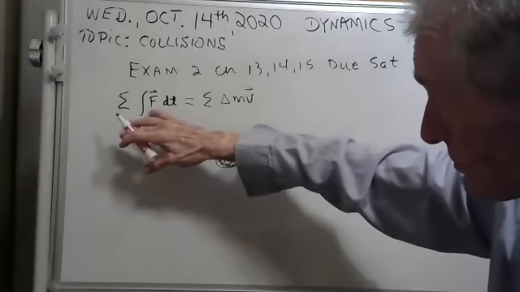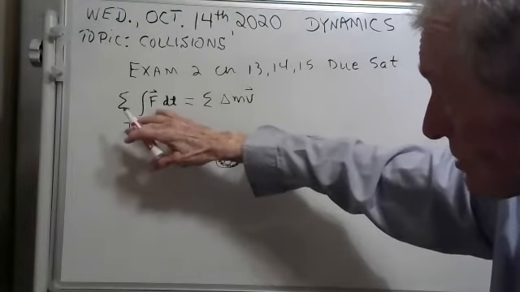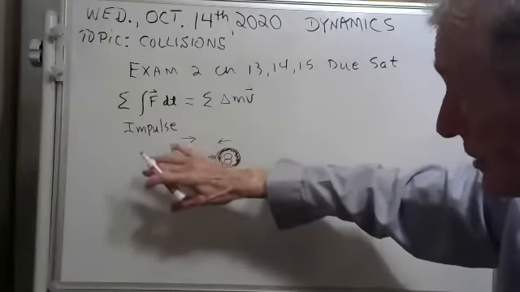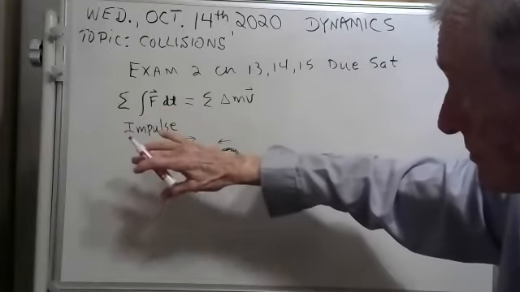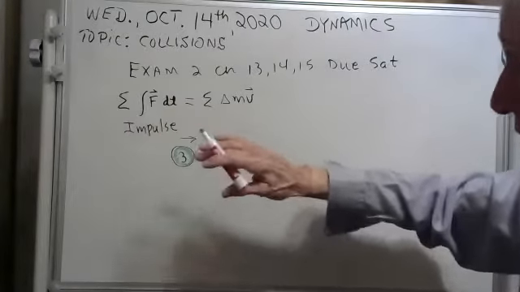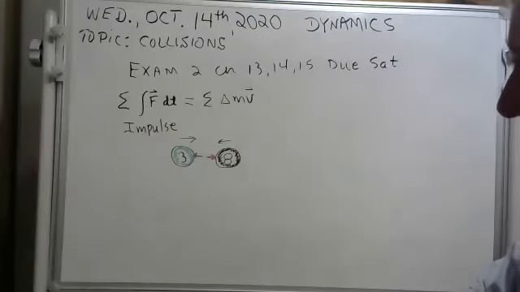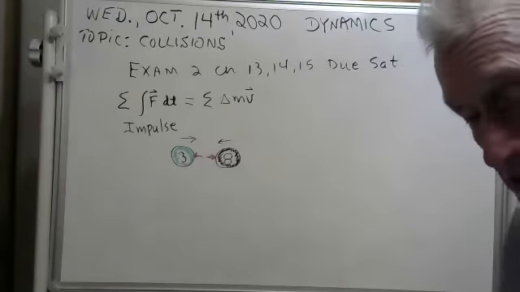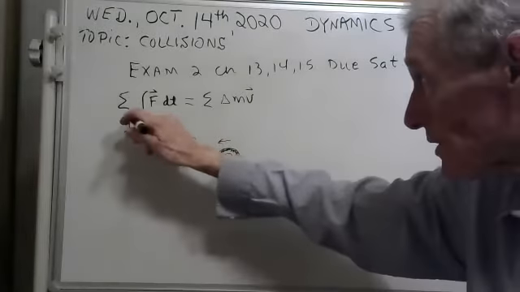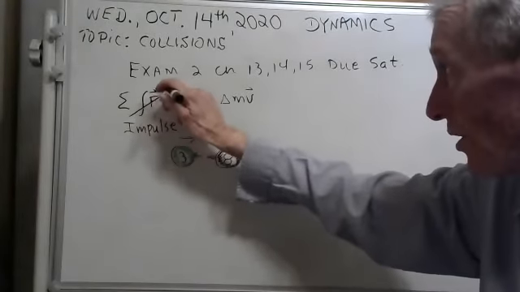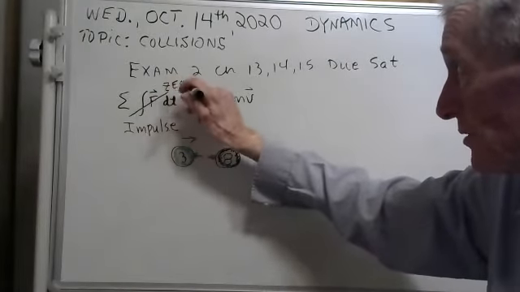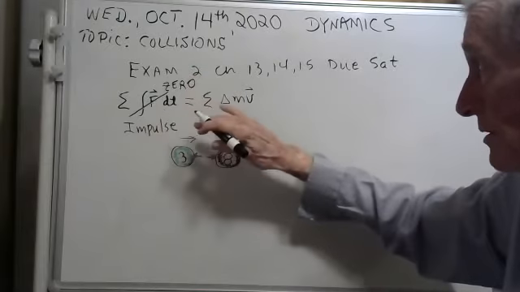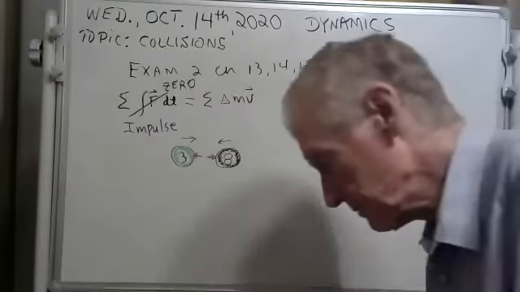And so when you total up the impulses, you get 0 in a collision between 2 balls. So if that's 0, what that means is the sum of the momenta is 0. Because if the left-hand side here is 0, and you got an equal sign, well, then this here is 0.